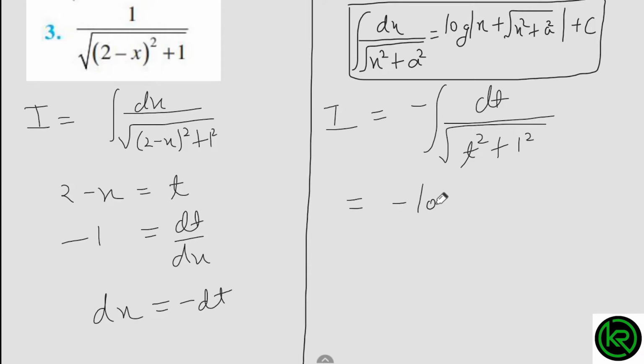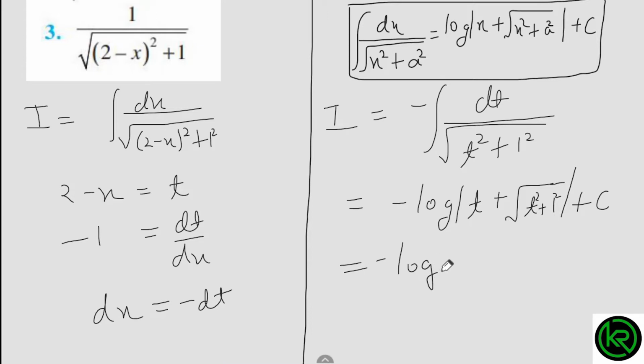It will become minus log mod t plus under root t square plus 1 square mod close and plus c, and t value is students 2 minus x plus under root 2 minus x whole square plus 1 plus c, and we will use here the a minus b whole square formula.